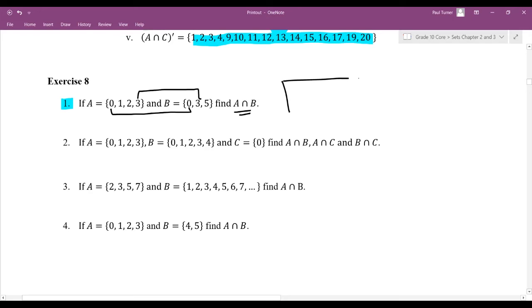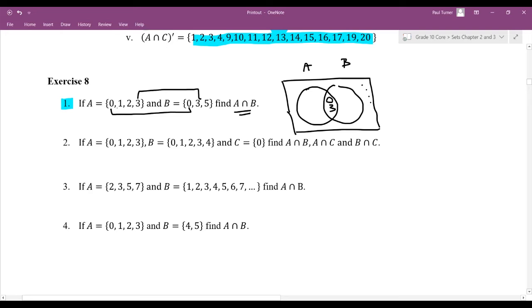So if you're making a Venn diagram, always make a rectangle, because there could be numbers outside here. So A and B, the shared numbers are 0 and 3. They go in the middle, that's the intersection.